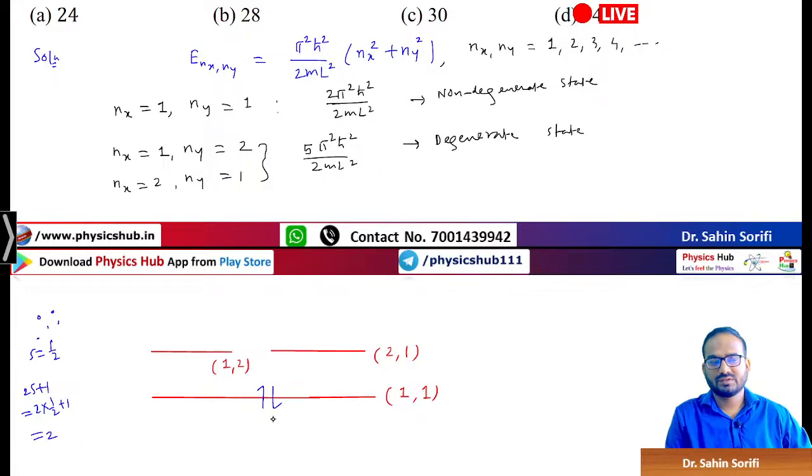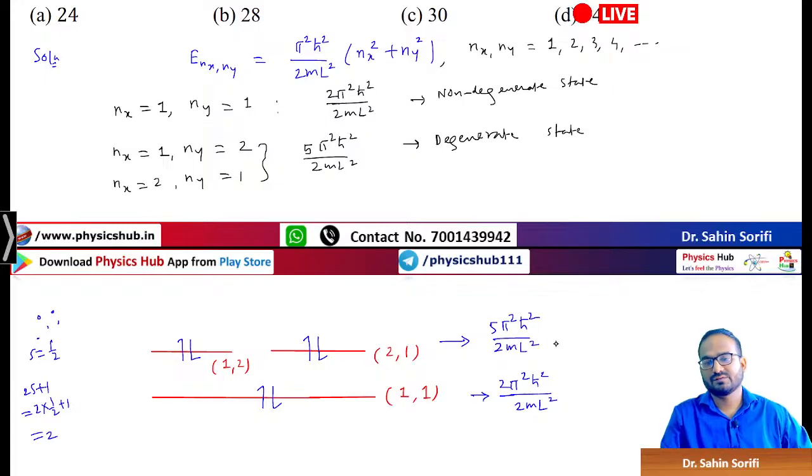So 2 electrons will come here, another 2 will go there, and the remaining 2 will come here. The energy for this level is 2 pi square h cut square by 2m L square, and for both these levels the energy is 5 pi square h cut square by 2m L square.